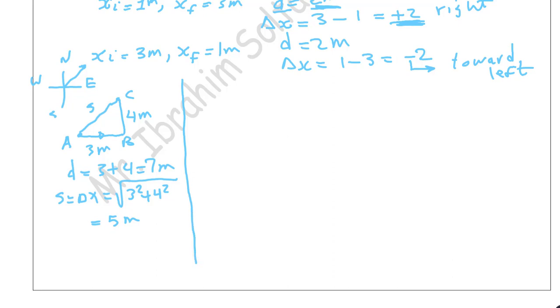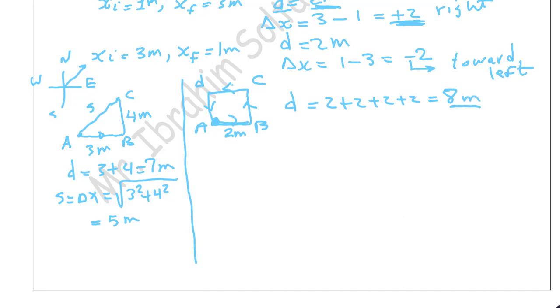Let's take another example. Like this example, you move from A to B to C to D, and the length of one side of the square is, imagine, 2 meters. So imagine you move from A to B to C to D and return back to A. So the distance equals 2 plus 2 plus 2 plus 2 equals 8 meters, right?